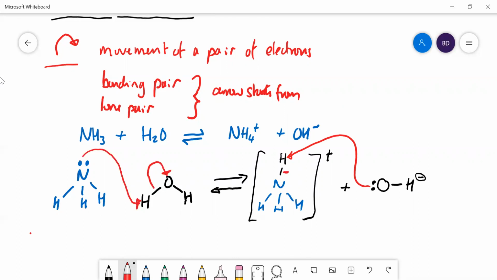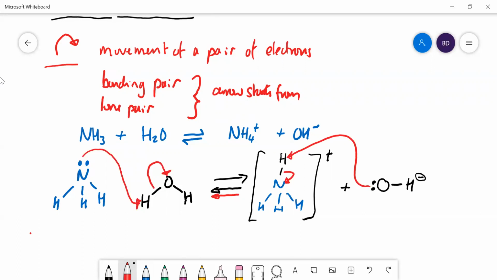So what's going to happen there? Well, the pair of electrons in that bond are going to shrink back and become a lone pair again. So instead of being a bonding pair, it's going to be a lone pair, and you're going to form the NH3 and the H2O again. So when you dissolve ammonia in water, it's constantly going backwards and forwards, doing that. The electrons are moving in the way shown there.